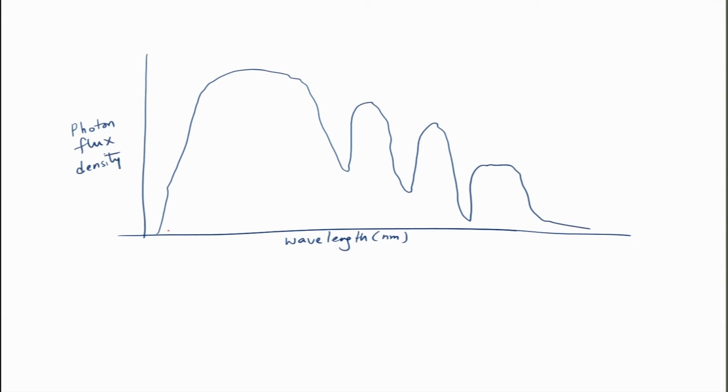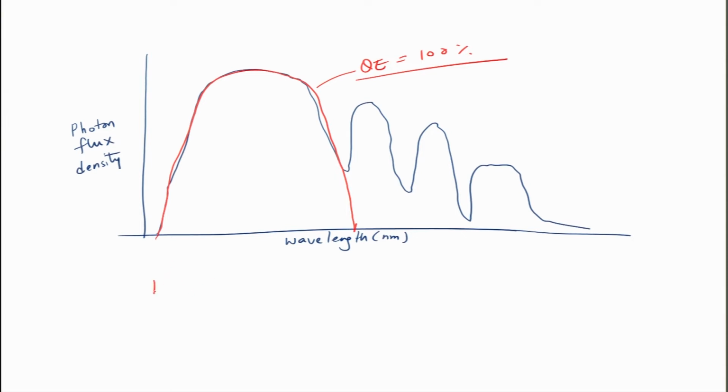So, if this is the solar spectrum that is reaching the solar cell, a quantum efficiency of 100% would mean that you will absorb everything, you will not lose anything, as far as the solar cell permits, right. It will not absorb anything below the band gap. So, starting from here up to the band gap, it will absorb everything. So, this would mean that your quantum efficiency is equal to 100% because you have absorbed everything that was available to you, which has led to formation of electron hole pairs.